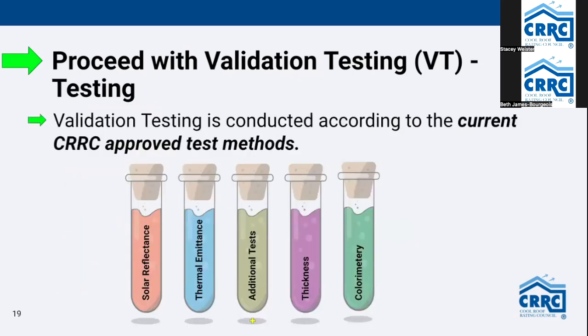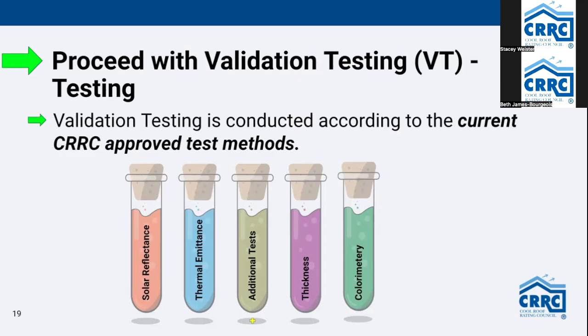Once the product is received and inspected by the laboratory, they will conduct testing according to the current CRRC approved test methods, not the test method used for initial testing. Although test methods are not updated frequently, just to be clear, if a test method is approved by the CRRC and replaces an existing test method, when a product is validated, the current test method will be used.